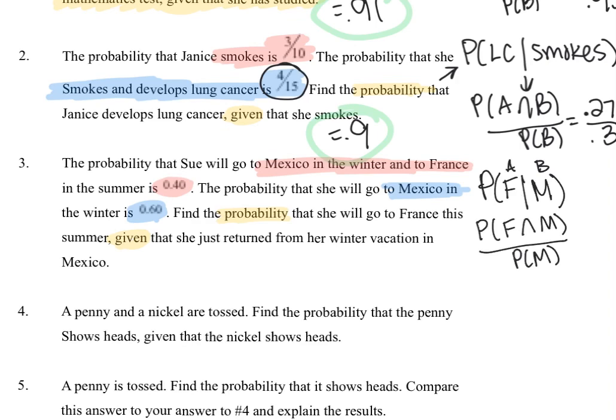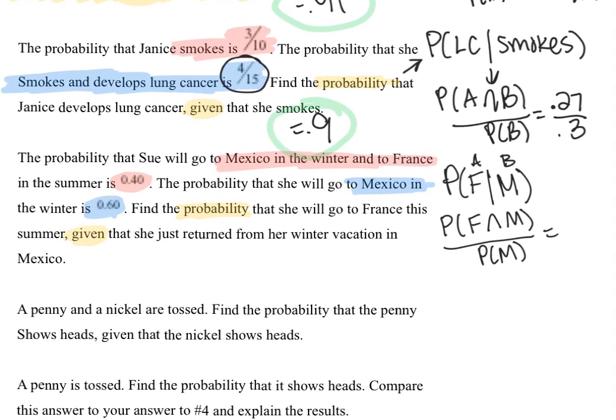I wrote it in terms of F and M. You can still do A and B if you want to. Sometimes I just like to use letters that represent the problem to make it a little bit easier to know.